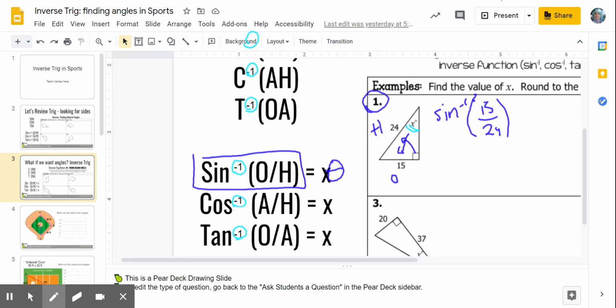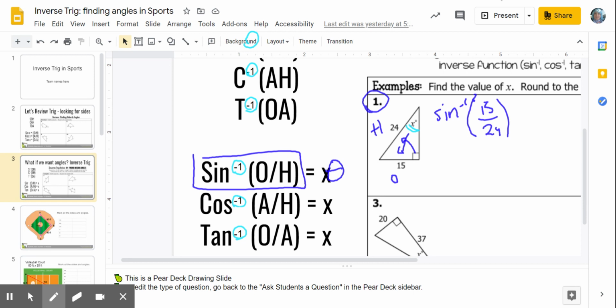So if I'm in my Desmos, instead of having the sine, cosine, tangent, we're going to do inverse sine. So I need that little -1. And then I forget what it was, 24 over 15 or 15 over 24. 15 over 24. The order really matters. 15 over 24.